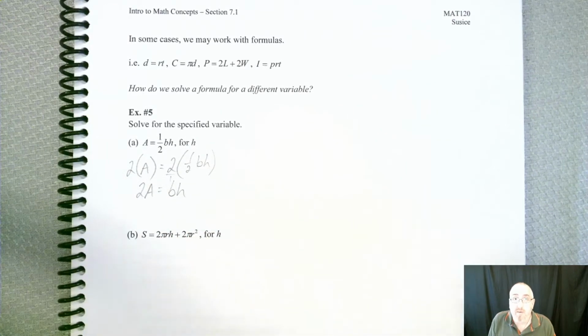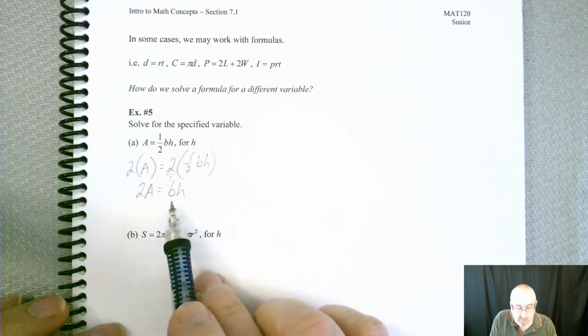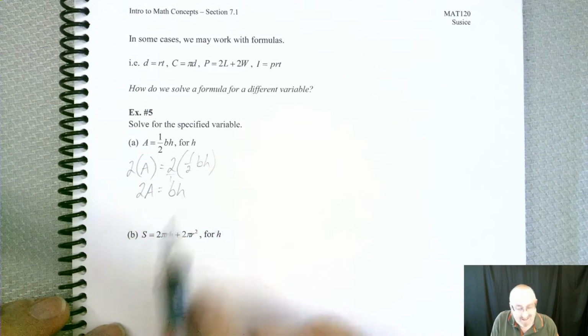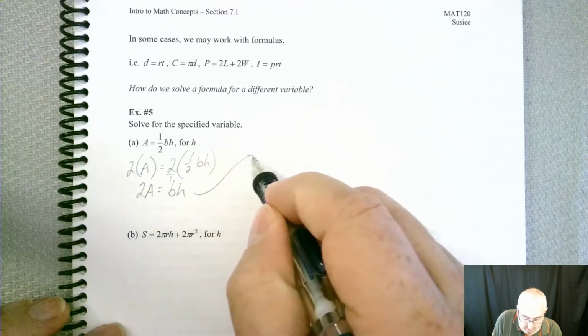So now we have a very simplified formula. If we want to get H by itself, though, how would we get rid of this B that's attached to it by multiplication? Yeah, we're going to have to divide.